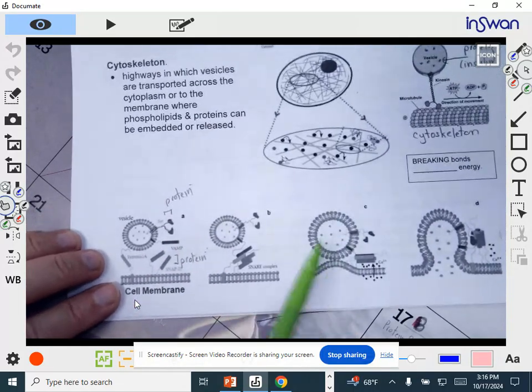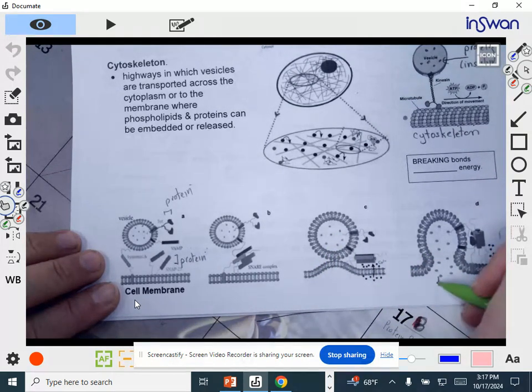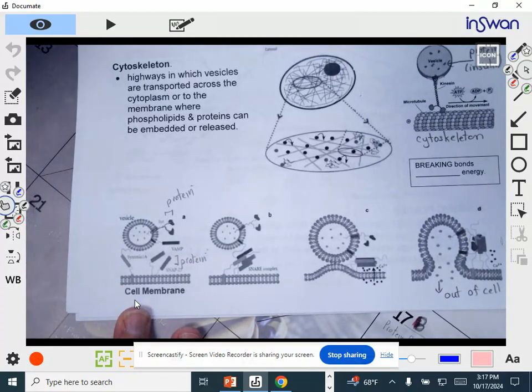And so then when this vesicle is attached here to this membrane and to this protein, these phospholipids can kind of intermingle. And you see how they can come together, and that makes a little opening here when they get rearranged, and now all that stuff that's on the inside can get released. And these molecules can now go out of the cell. So that's really how all that works.